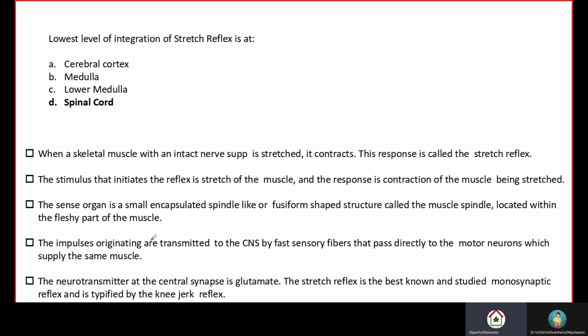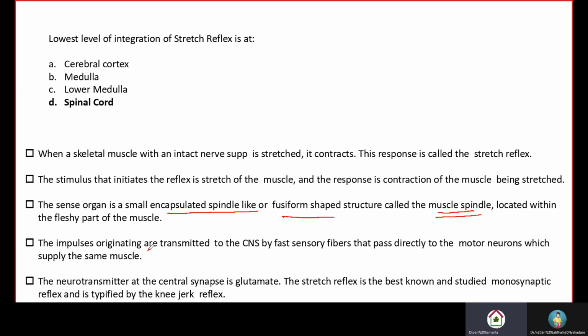This stretching stimulus initiates the reflex, and the response is contraction of the muscle being stretched. The sense organs, which are encapsulated spindle-like or fusiform shaped structures located within the muscles, come into play. They are called muscle spindles.